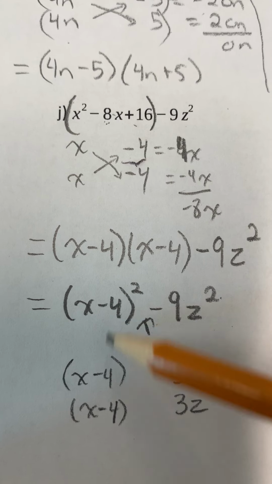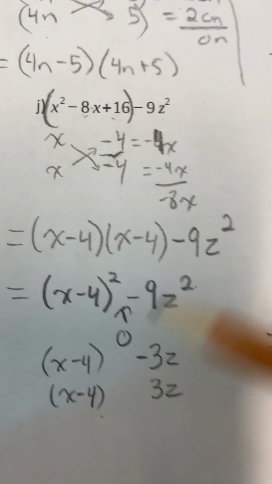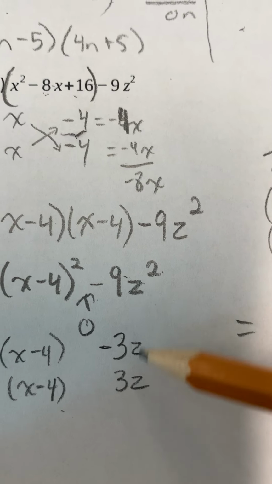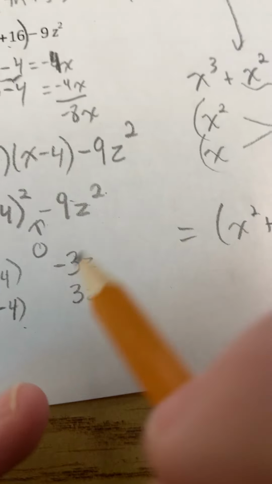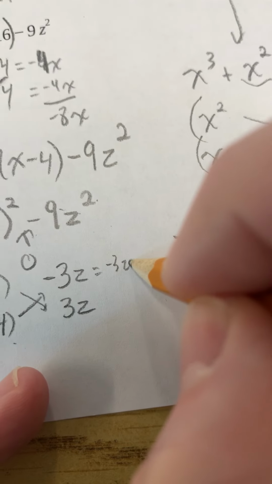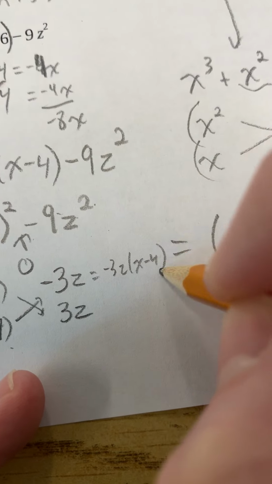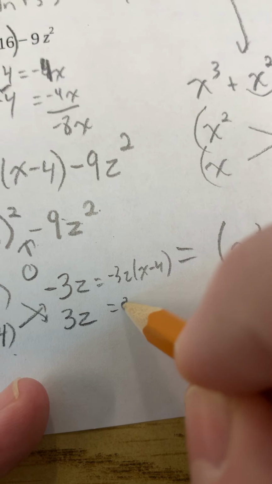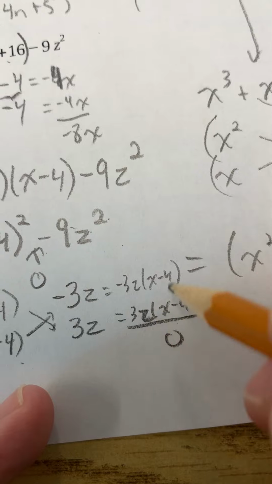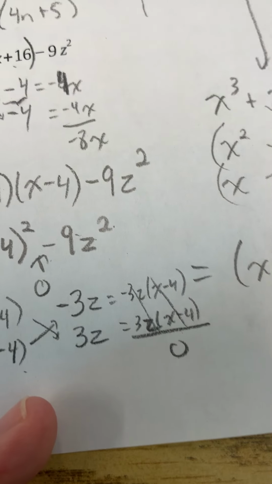X minus 4 squared is x minus 4 and x minus 4. The 9 breaks down to 3 and 3. The z squared as z and z. If you cross multiply these, you get negative 3z times x minus 4 and positive 3z times x minus 4. Which equals 0 because these cross off.